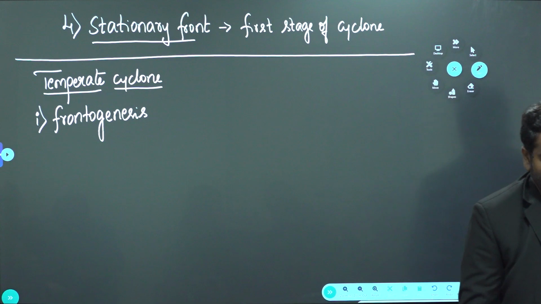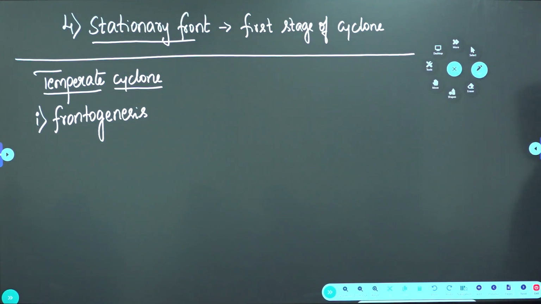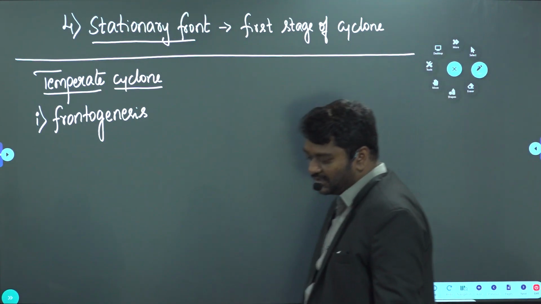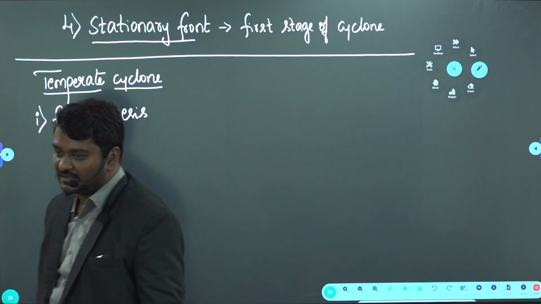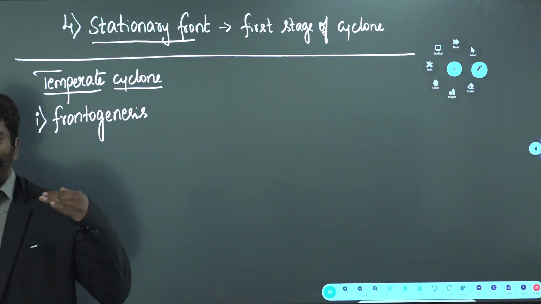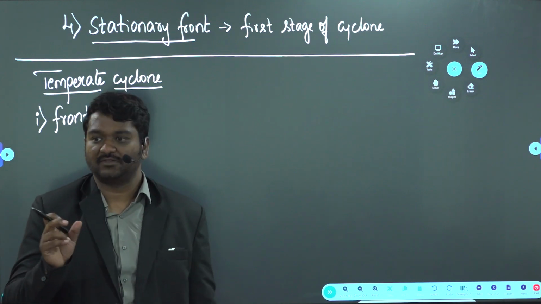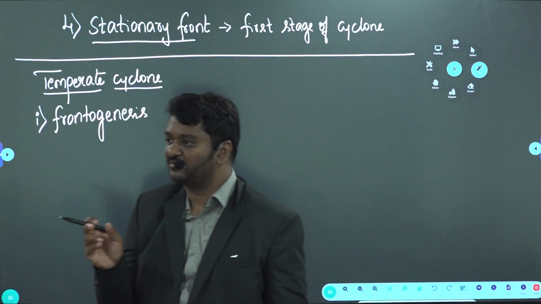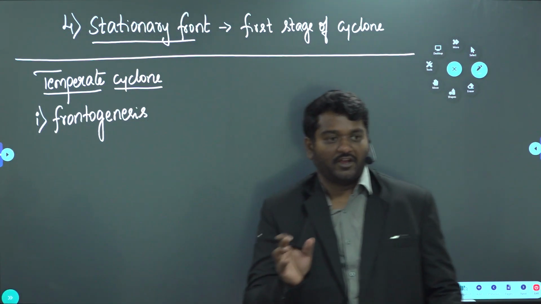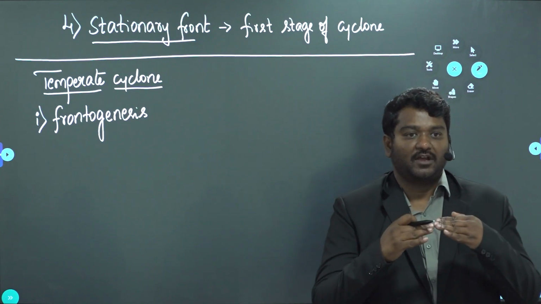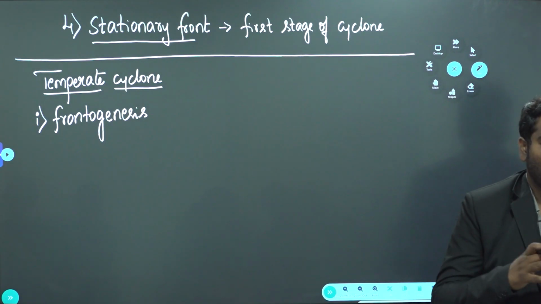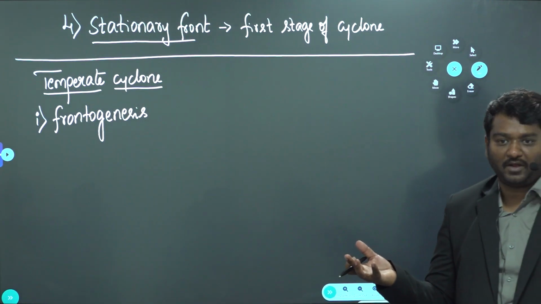Okay, there are two conditions for frontogenesis, guys. What are the two conditions? Two air masses must move in opposite direction, right? And of the two air masses, one must be cold, another one must be warm. If both are warm, they mix. If both are cold, they mix. One should be hot, another one should be cold.